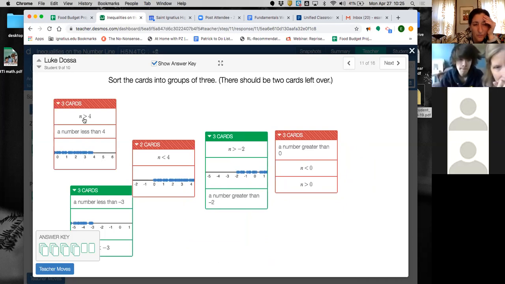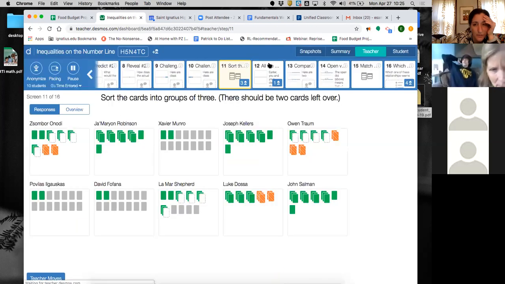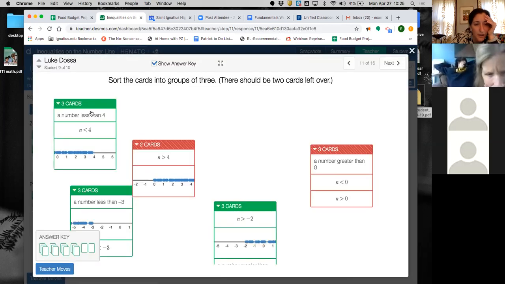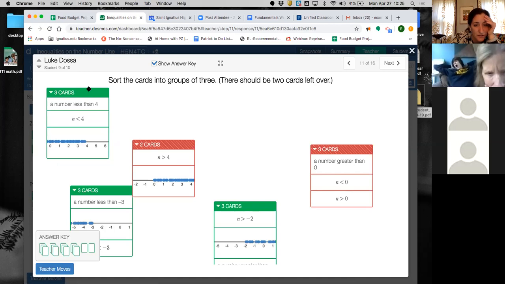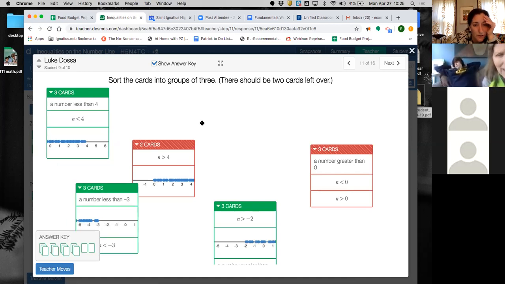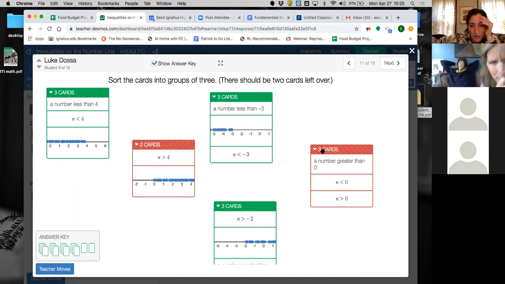That's the greater than symbol. So we need to switch that with the less than symbol. And I'm going to also reload so I'm making sure that I'm seeing the right thing. Okay, yeah, you got it now. A number less than 4, that looks good. A number less than 3.